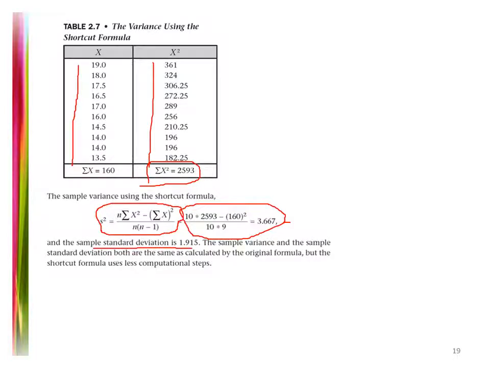So the sample variance and sample standard deviation are the same as calculated by the original formula, but the shortcut formula uses fewer computational steps, so your computation may be easier. But you can use either this formula or the direct formula, whichever. It doesn't matter. You will get exactly the same answer. All right.